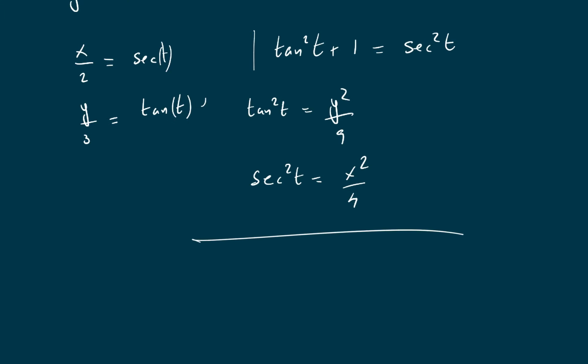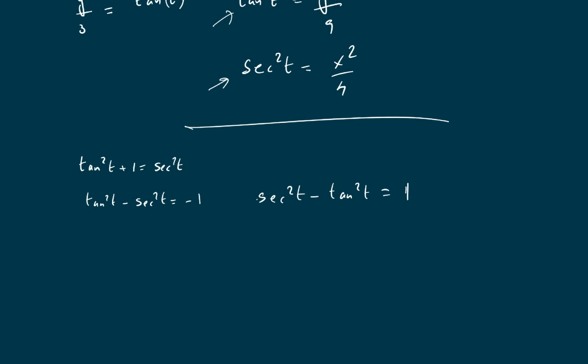From the equation tangent squared of t plus 1 equals secant squared of t, I can write it like this: secant squared of t minus tangent squared of t equals 1.